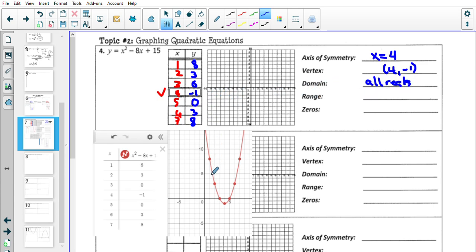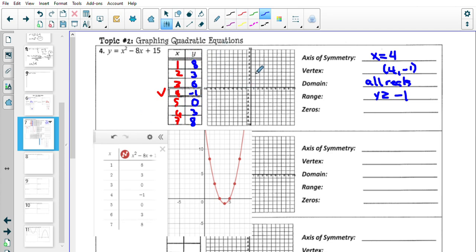The range is the y values, okay, because this graph is going up, we know our range is y is greater than or equal to, and it's always greater than or equal to the y value of the vertex. In our case, y is greater than or equal to negative 1. So I'm going to plot these points.